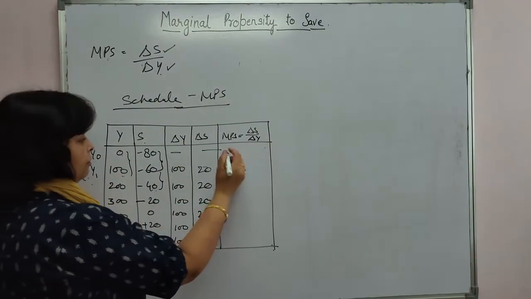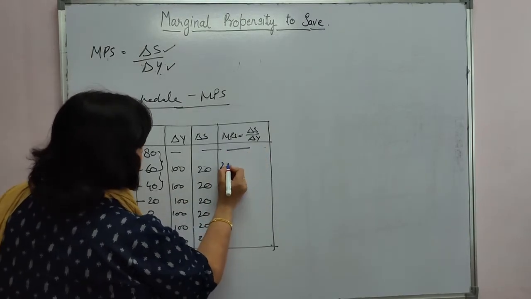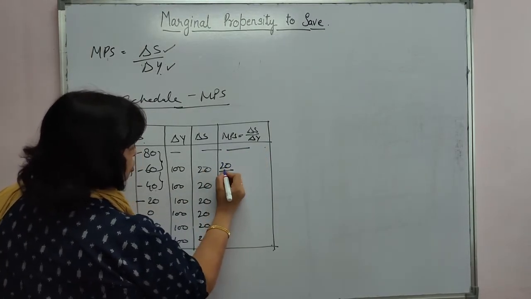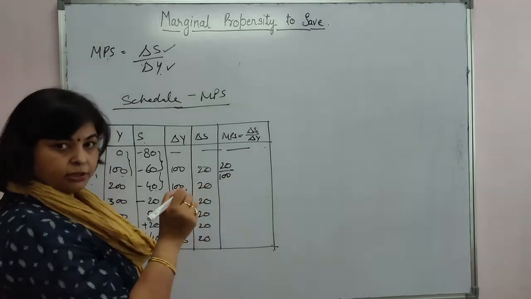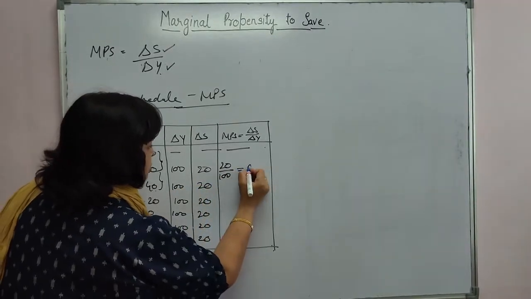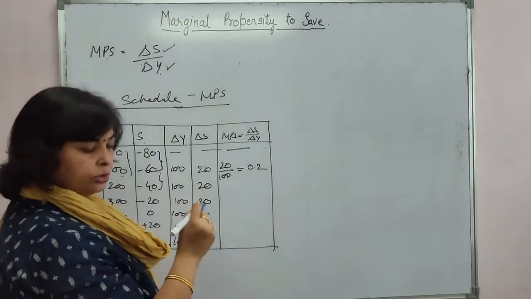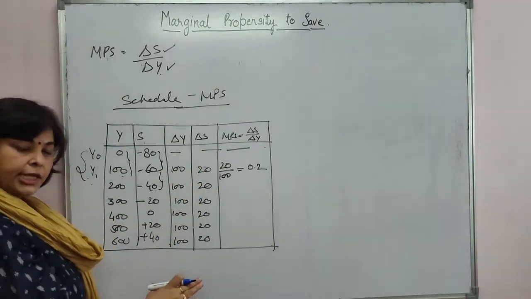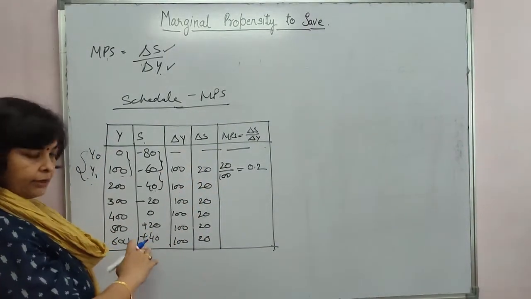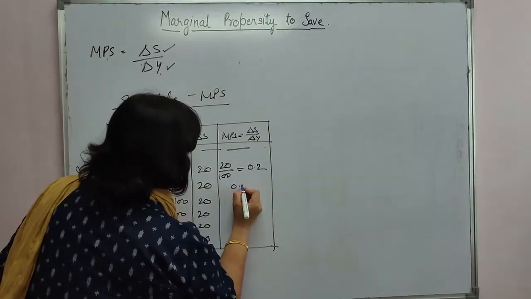Now we will find out the value of MPS. 20 divided by 100 is equal to 0.2. Since all the values are the same for delta S and delta Y, all the values will be the same.